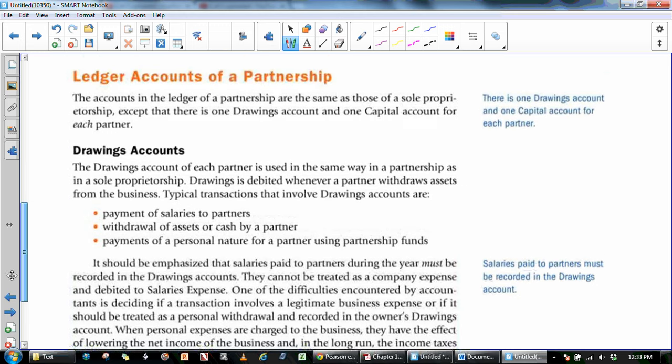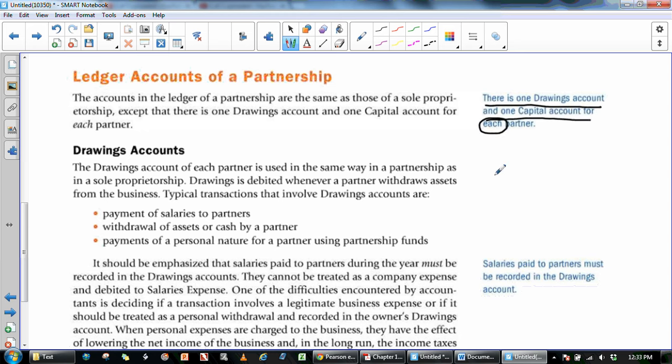Now, what we're used to in our chart of accounts is one capital account and one drawings account for the one owner that owns the business. That's what we're used to so far. Now, that's going to change. There is one drawings account and one capital account for each partner.